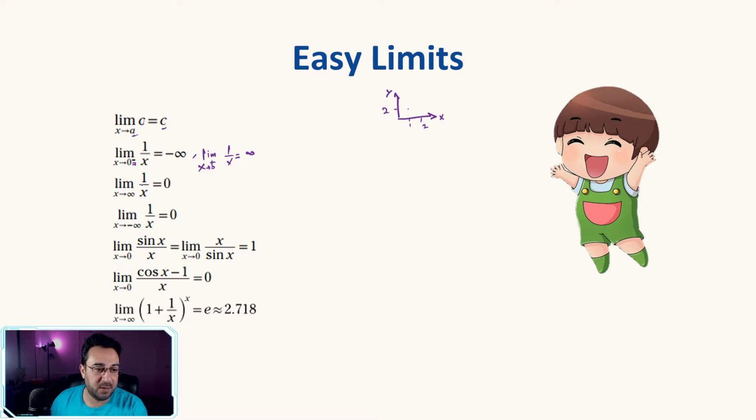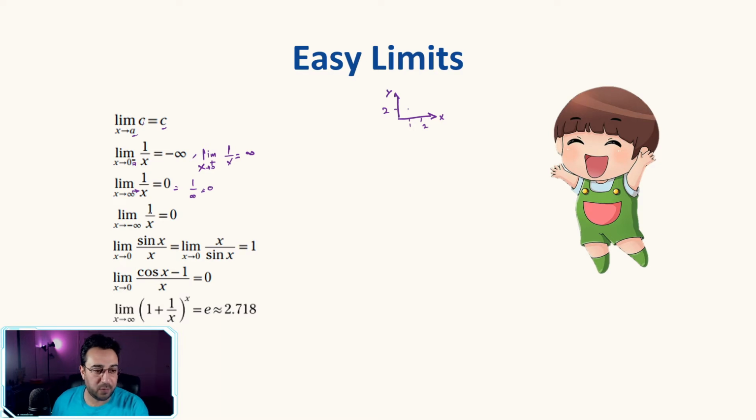The limit of 1 over x as x approaches infinity equals 0. So here what happened, we applied the value of x in the equation that we see in here. It's like you are saying 1 over x, in this case x is infinity, so 1 over infinity equals 0.